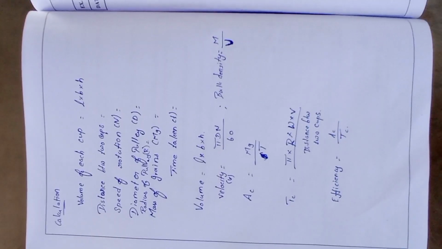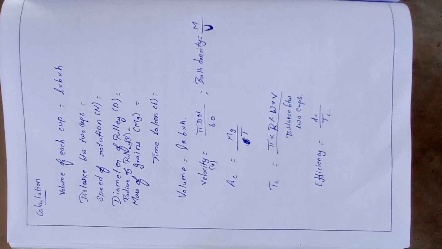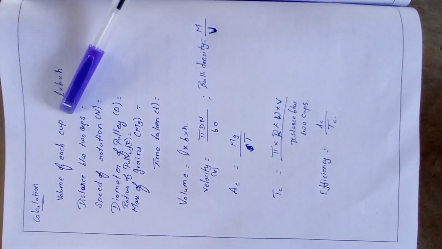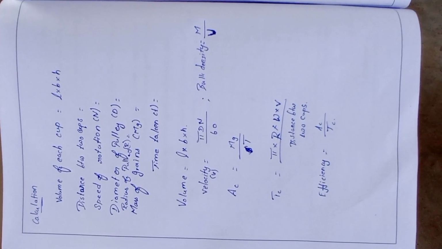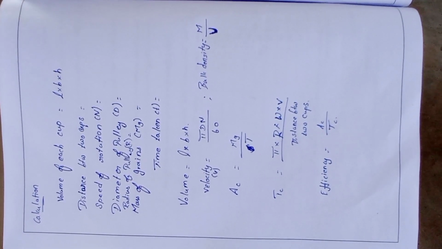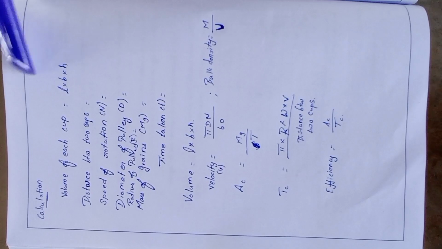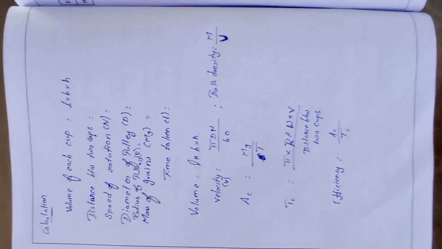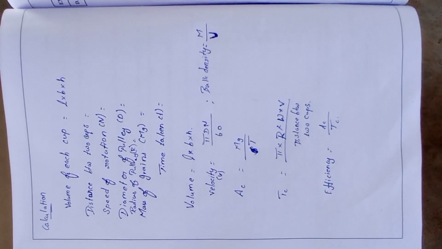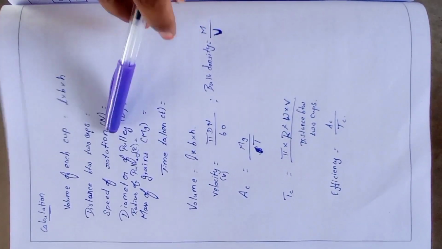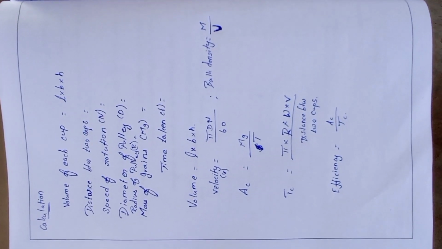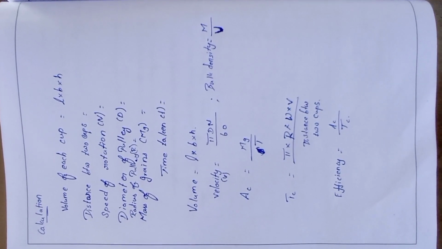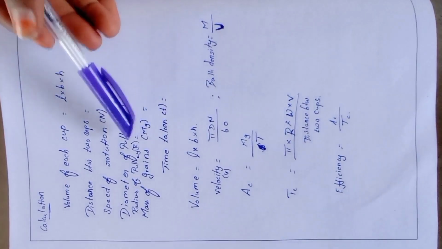For calculation of bucket elevator efficiency, first we have to measure the volume of each cup. As shown in the video, the volume of the cup should be measured, which can be obtained from L into B into H. Then the distance between the two cups we have to measure with an inch tape, and then the speed of the rotation, which we can identify using a tachometer, and then the diameter of the pulley, which is used to rotate the chain where the buckets are attached, and the radius of the pulley.